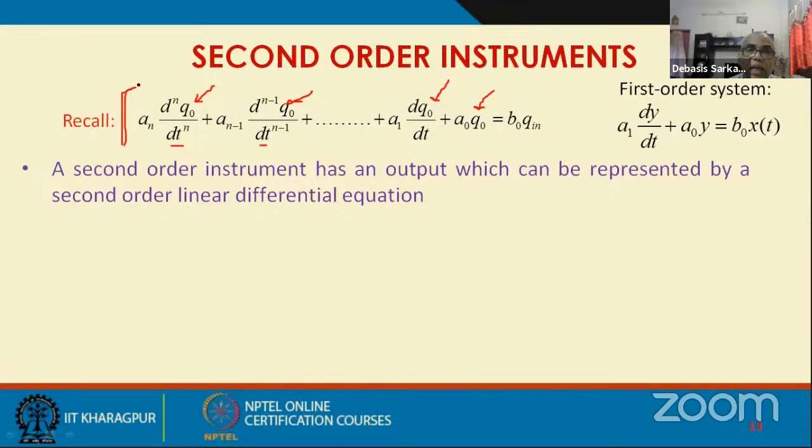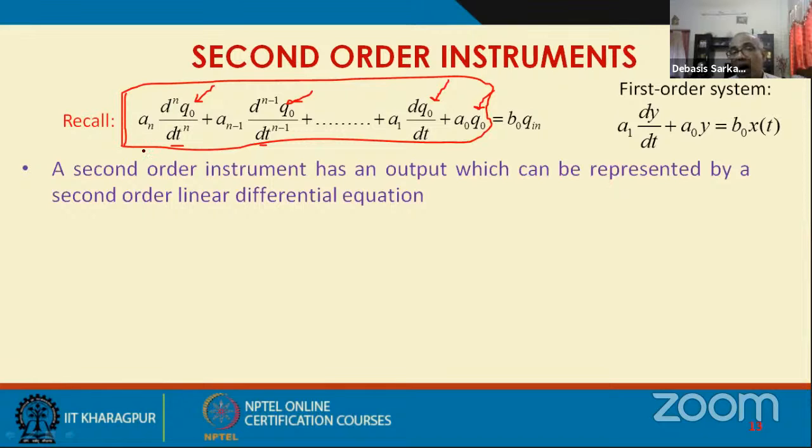So the left hand side of this ordinary differential equation represents how the output changes with time. And if you look at the right hand side, Qin is the input to the system. So this is the forcing function.